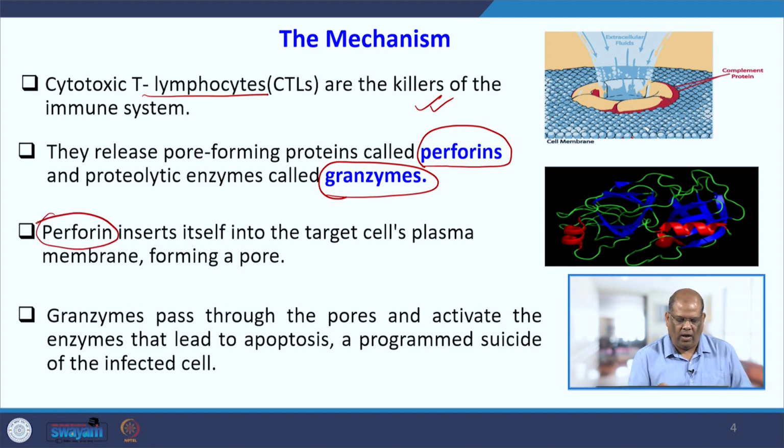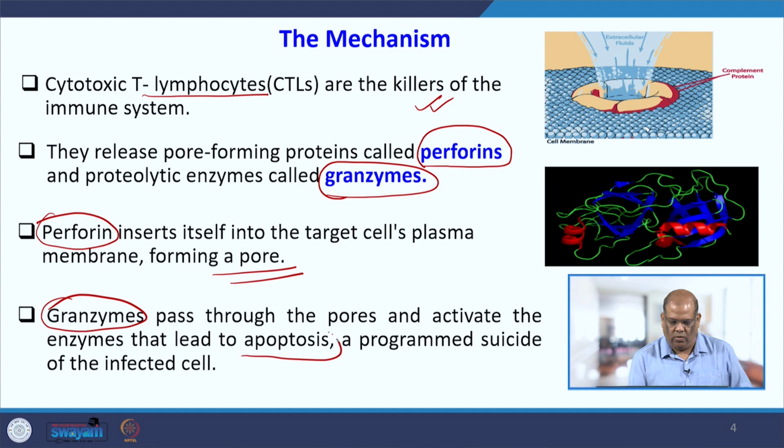The perforin creates a pore in the cell, and through that pore these granzymes pass and activate certain enzymes that lead to apoptosis, which is a programmed cell suicide program.